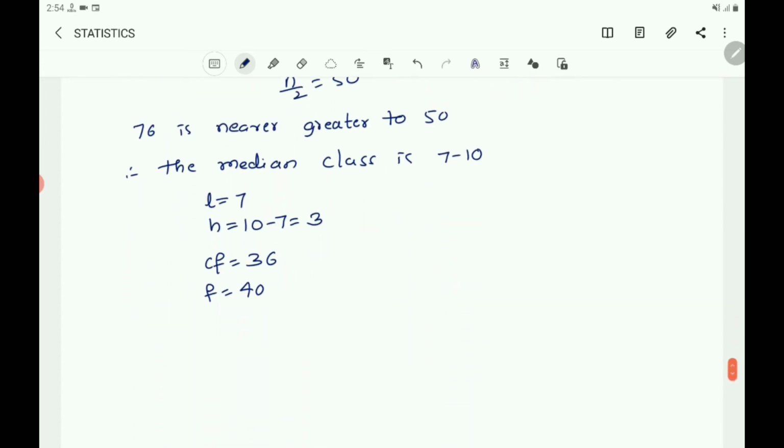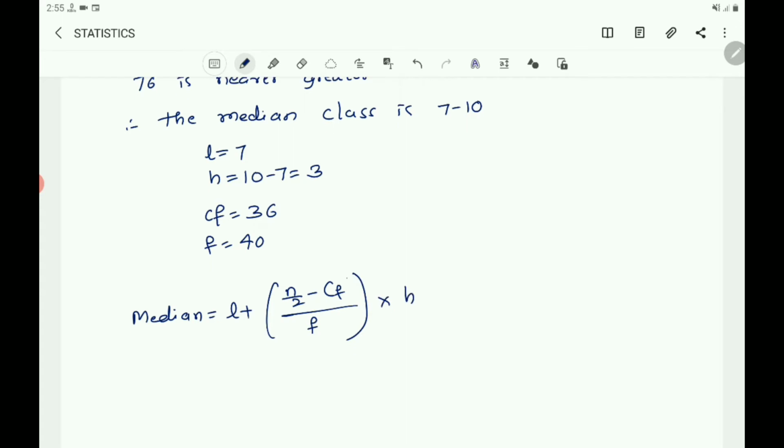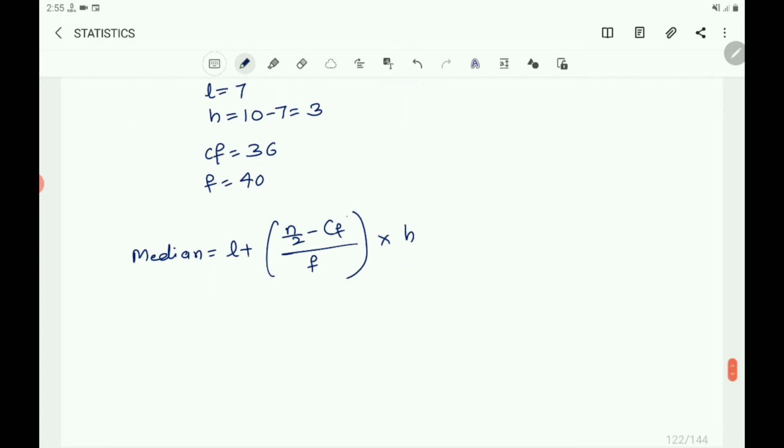Then you write the formula. Median equals L plus n by 2 minus CF by F into H. L is 7. 7 plus n by 2, n is 100, you take 100 by 2 minus CF.